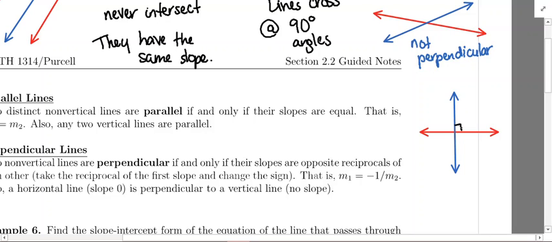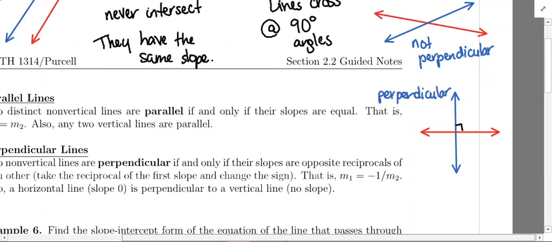So when your lines intersect at right angles or 90-degree angles, then we can say that this is a pair of perpendicular lines. Oops, I can't even spell. Let me try that again. Okay, so these are perpendicular.